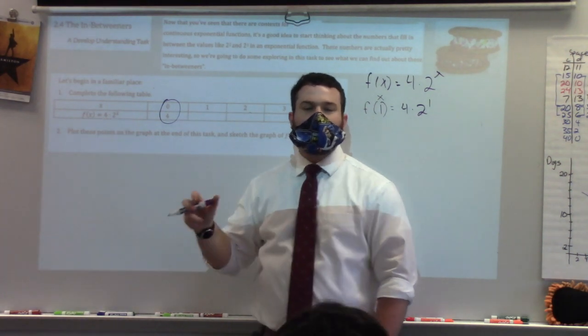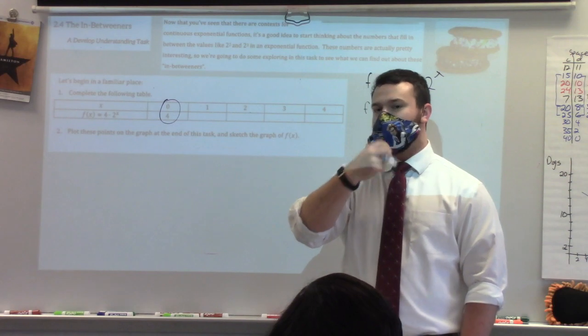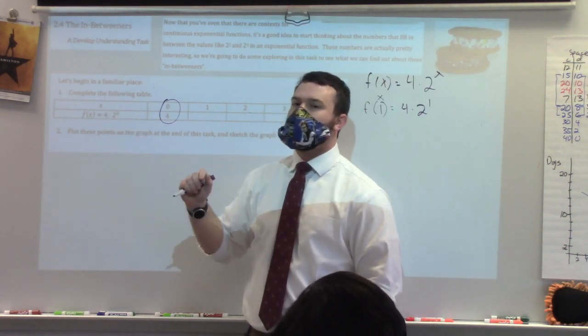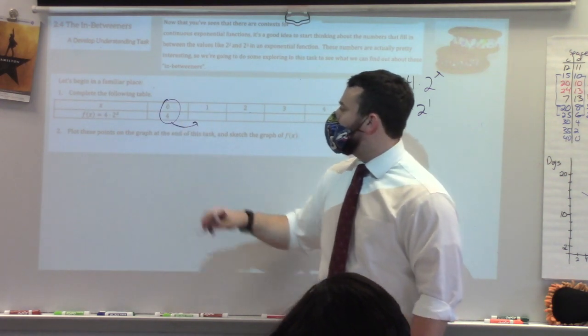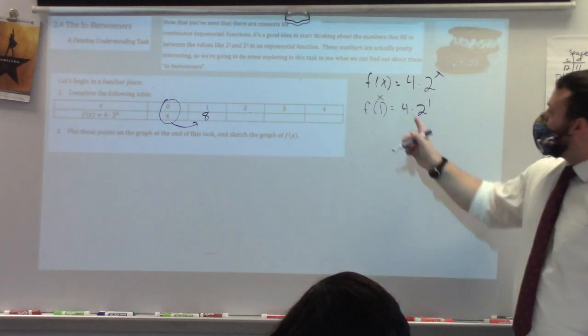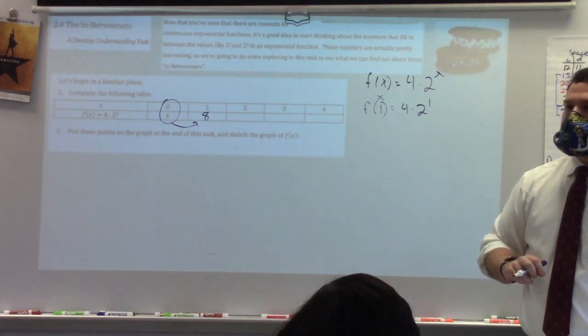What are we repeatedly doing to that 4? Multiplying by 2. Notice how we have a variable exponent above the 2, so I know I'm multiplying by 2. So what should the next number be? 8. 4 times 2 to the first is 8.